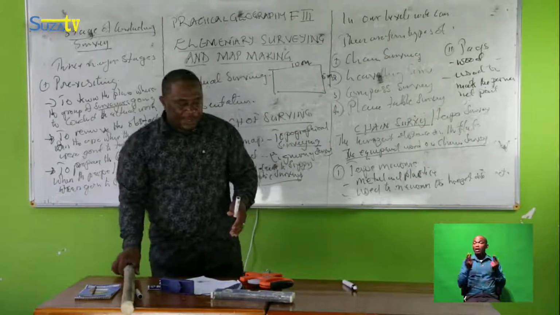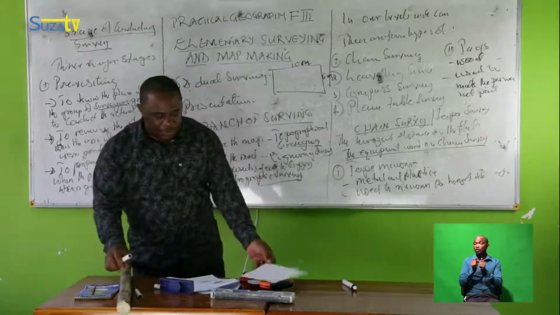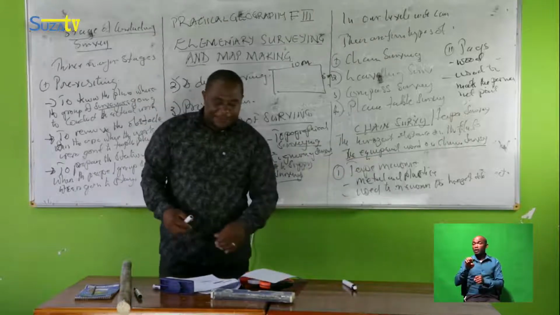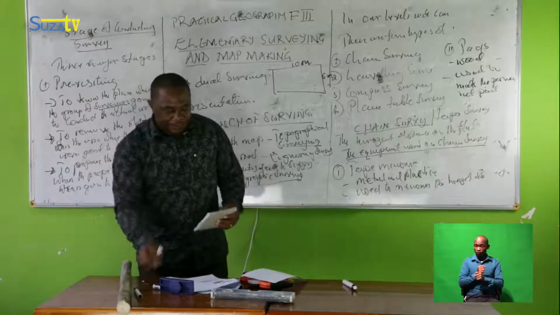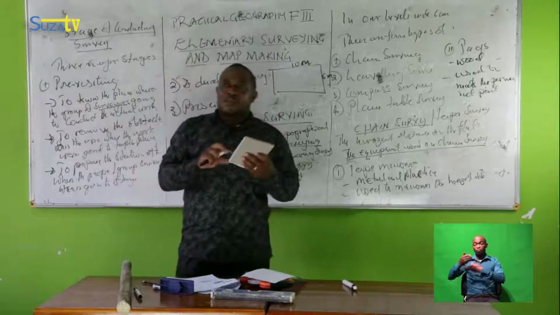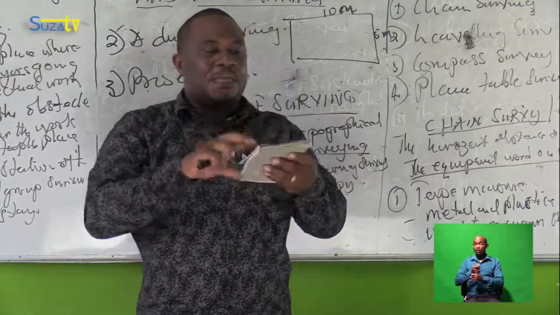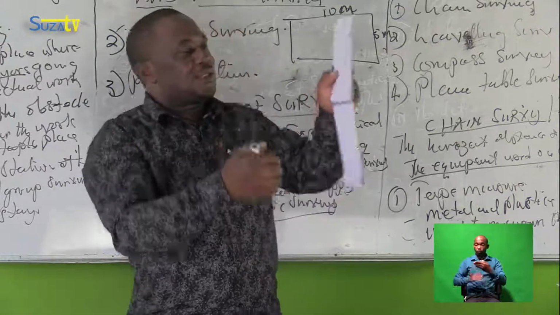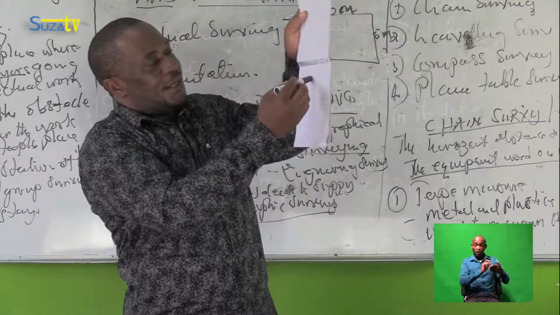And also, I can show some more here. The instruments should include one, a tape measure, a second, a peg, and thirdly, a field notebook. Not just any book can be a field notebook. This field notebook is mostly opened in such a way that, if you want to record, we can record on this page and continue to this page.